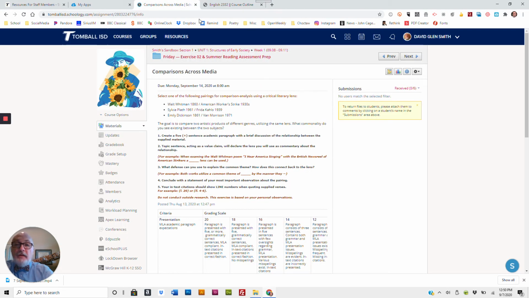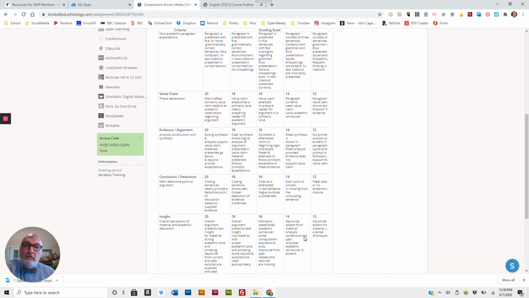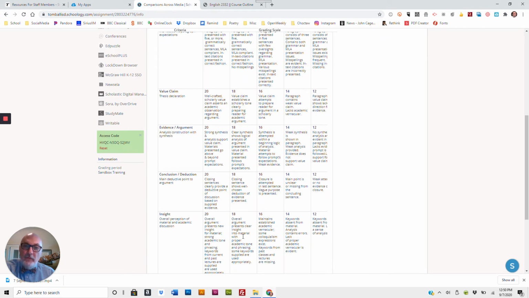Now, the thing to keep in mind, this is not a paper. You're generating basically a paragraph. A 5 or more sentence academic paragraph. So here is the rubric based on these 5 qualities. 20 points each.